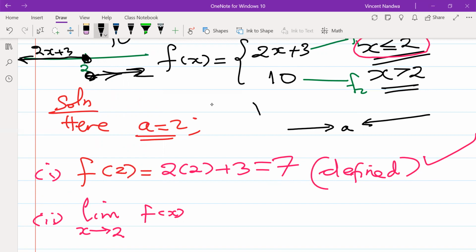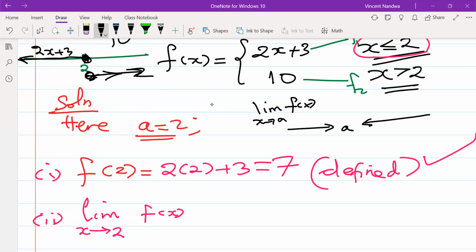When do we say that the limit at point A exists? What must be the condition? So when will you say that the limit exists at A?